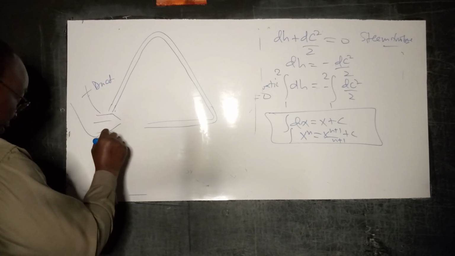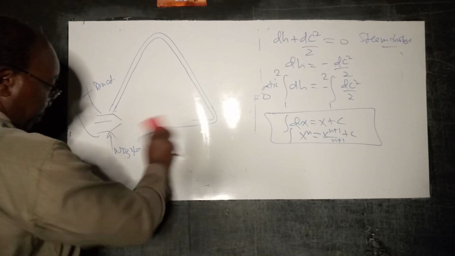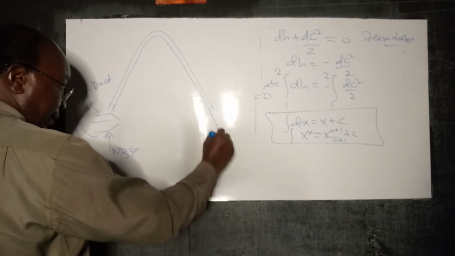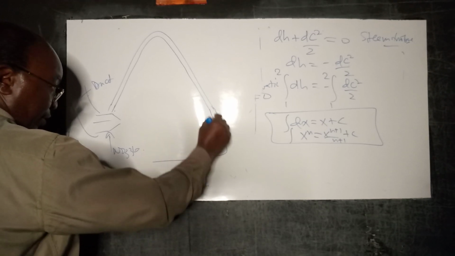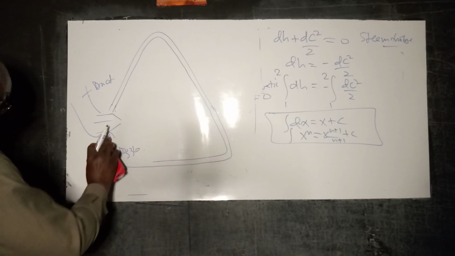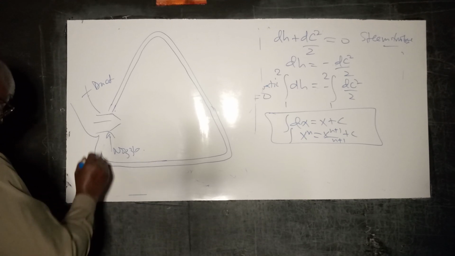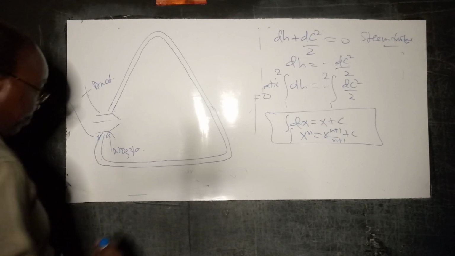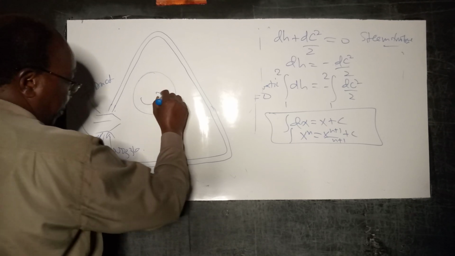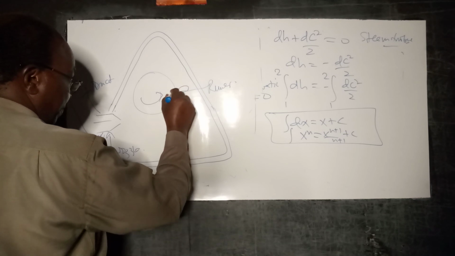Let's say we have here our nozzle. It will do better than that. Let me push it a little bit down. It's not drawn accurately, but you get the gist of the representation. So we have our runner here, and we have our blades.